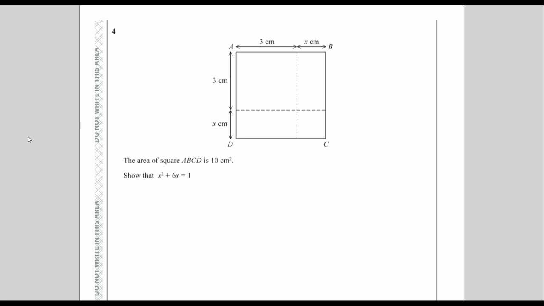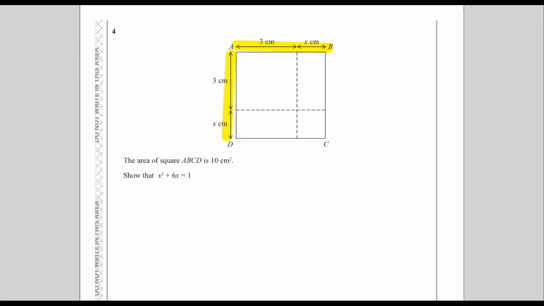Question 4. The area of square ABCD, that just means ABCD makes a square, is 10 centimetres squared, this whole area. Show this equation. Let's think about it. So, square, we're going to get the area by this multiplied by this.